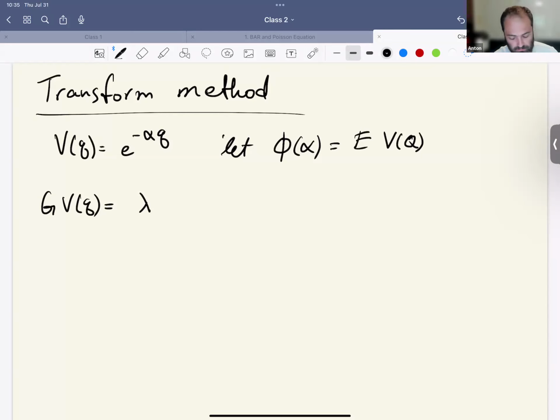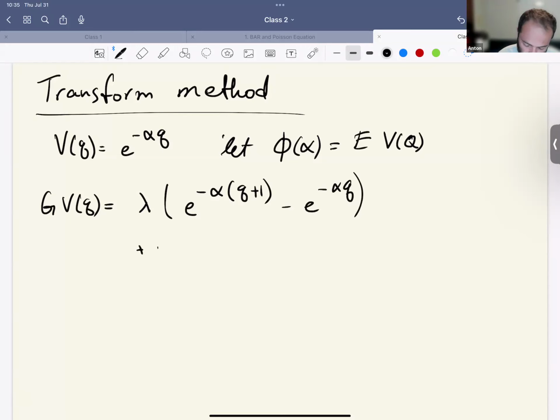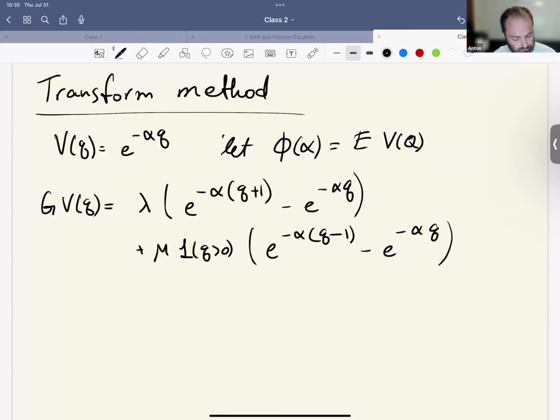To refresh people's memories, the generator with rate lambda, we have an arrival, so our Q gets incremented by 1, minus the old state. And then mu, indicator q is bigger than 0, e to the negative alpha (q minus 1) minus e to the negative alpha q.